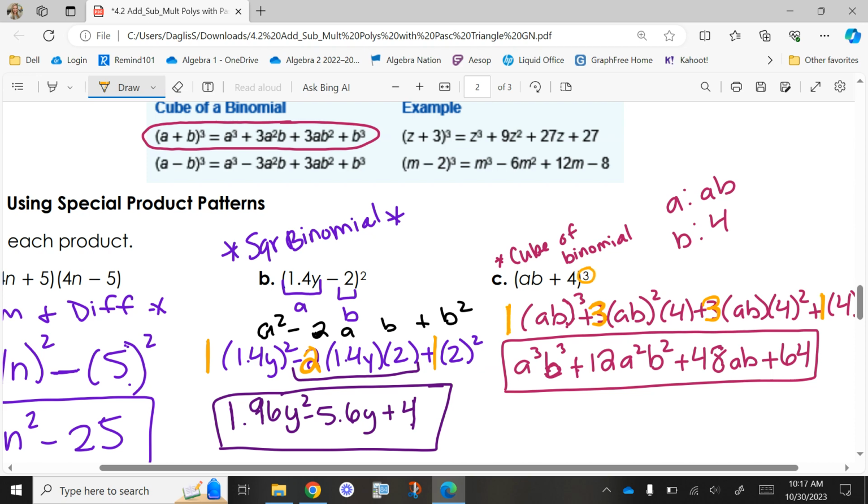See how this was degree of 3? See how technically my coefficients were 1, 3, 3, 1? They were built in there. Over here, power of 2. Notice technically my coefficients were 1, 2, 1. So Pascal's triangle is still very much a part of when you are multiplying binomials.